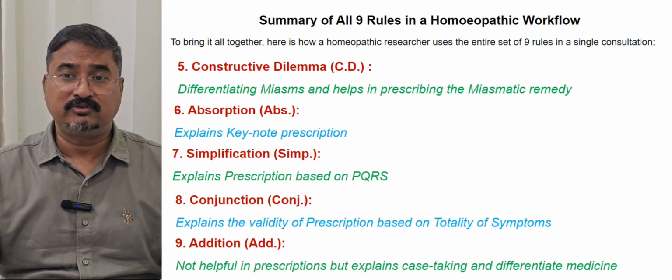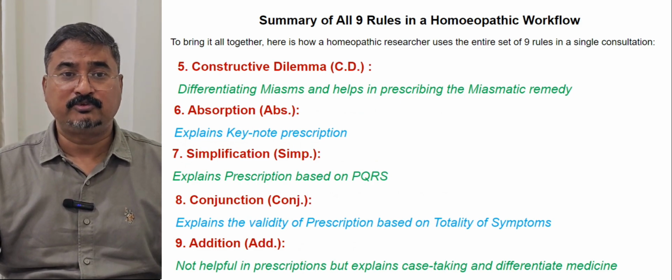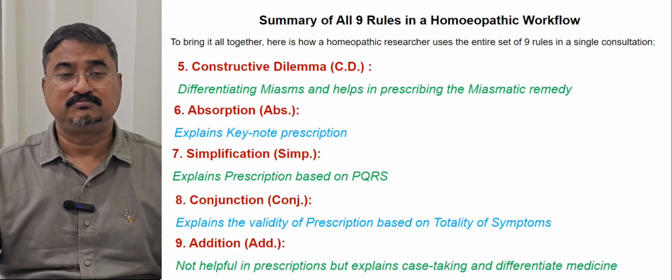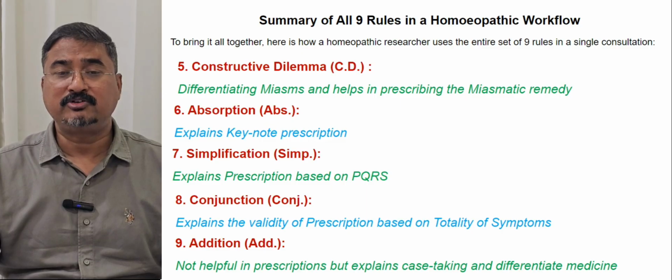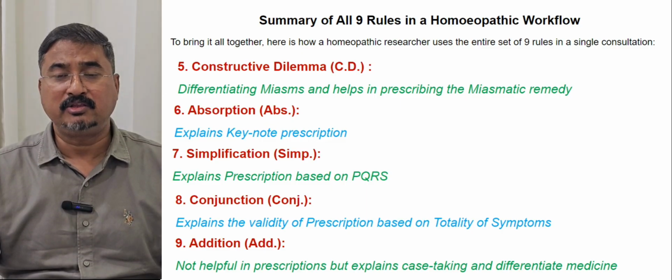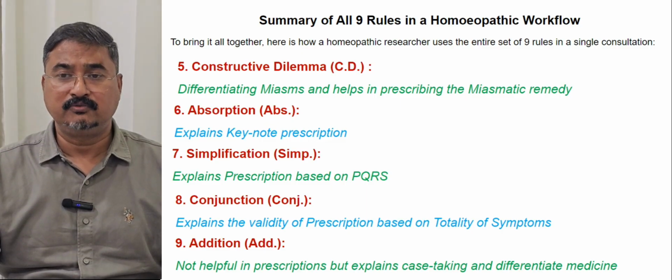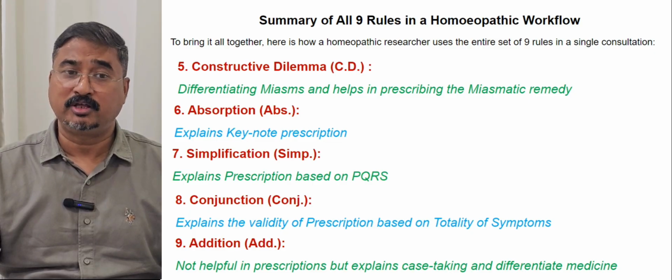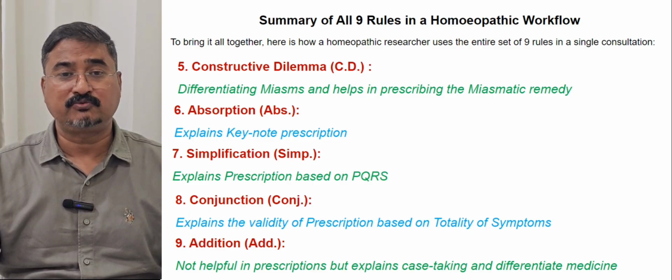Therefore, isolating just the fear of death helps us look it up in the repertory. Eighth, conjunction tells us: the patient has fear of death and intense thirst for cold water. Therefore, he has both fear of death and intense thirst for cold water, which uniquely points to Aconitum.